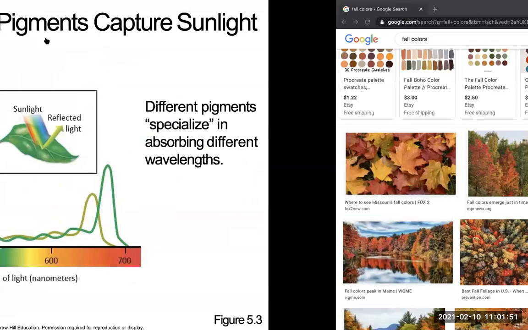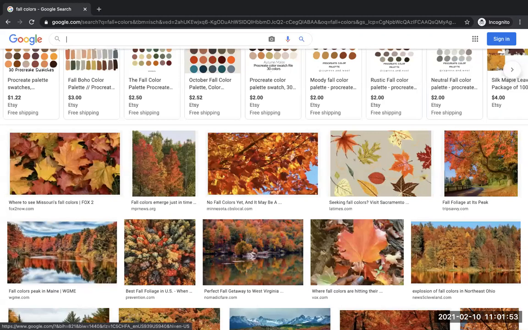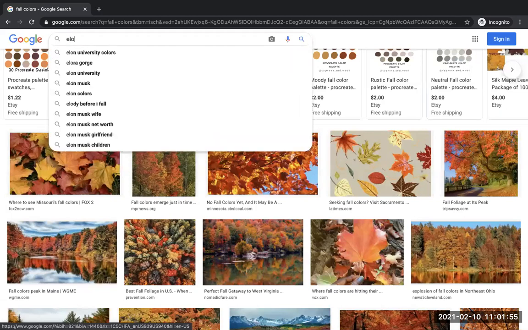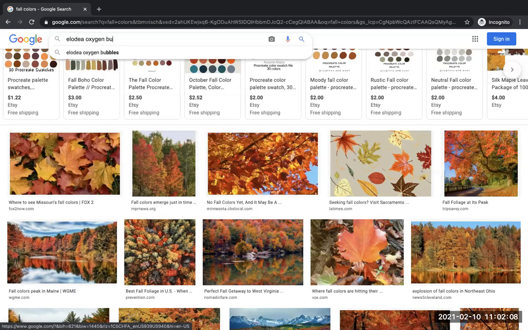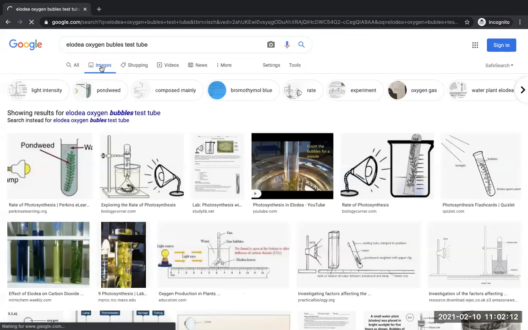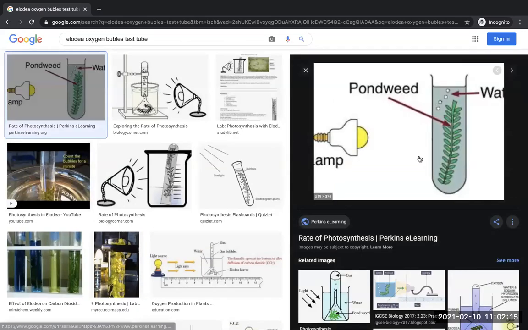Another experiment that we would have done in the lab today is to measure the amount of photosynthesis that's happening. And we usually use this plant called Elodea. So the way this experiment is done, this plant grows underwater.